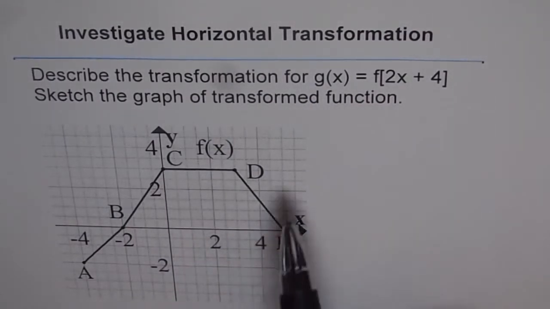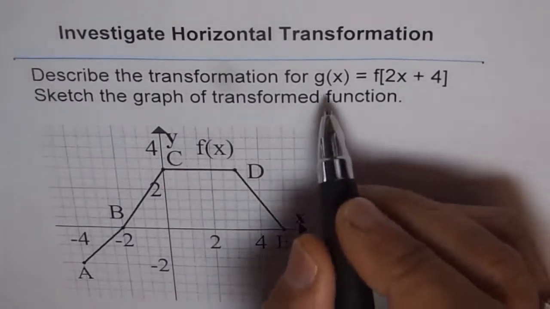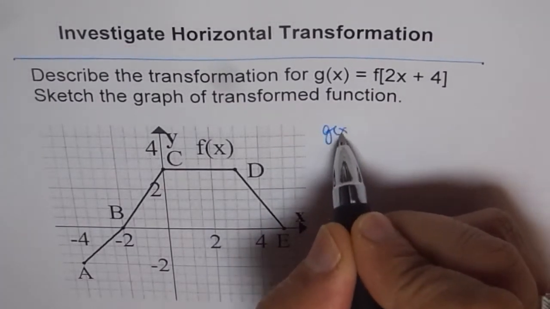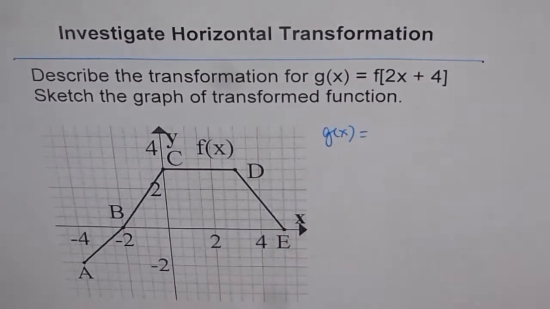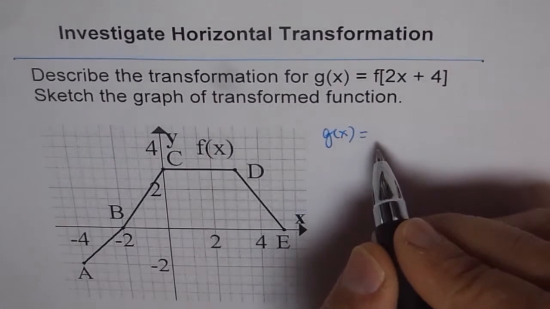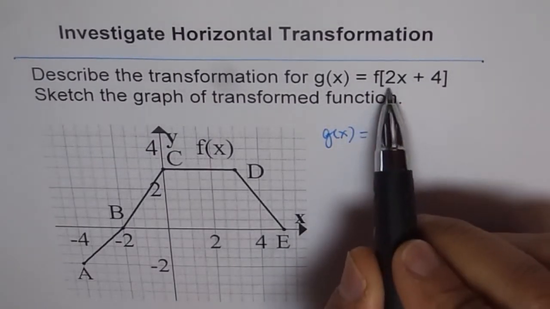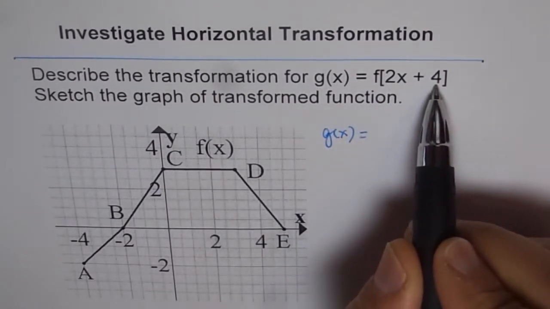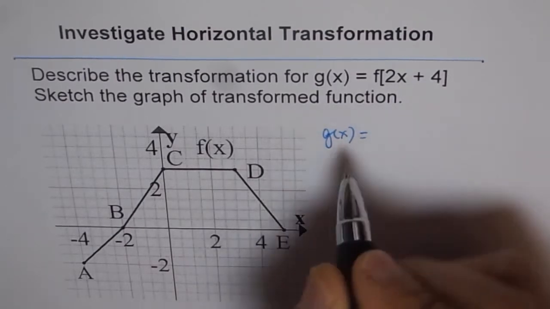So the first part is to describe the transformation. When we write this equation, I will suggest that you modify it a bit. I hope some of you understand what I'm trying to say. If you write down your answer straight from here, you'll say 4 units left, but it is not so. I'll show you how.